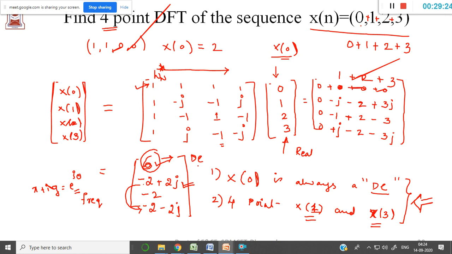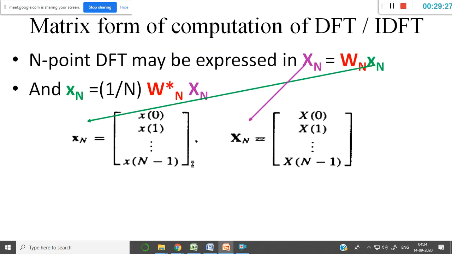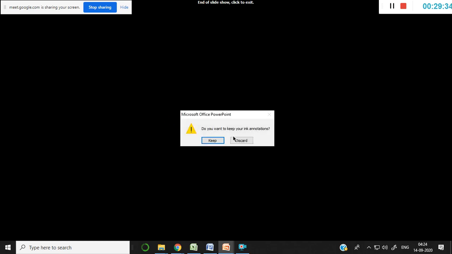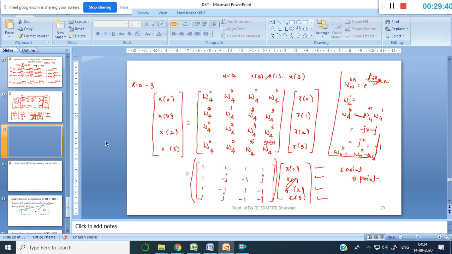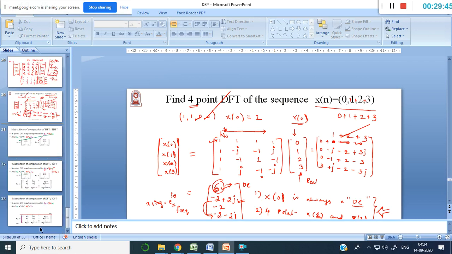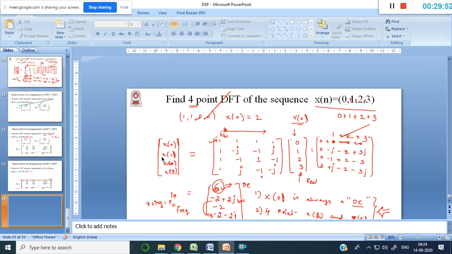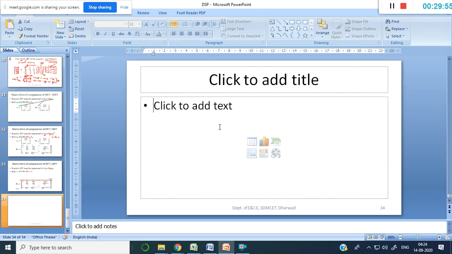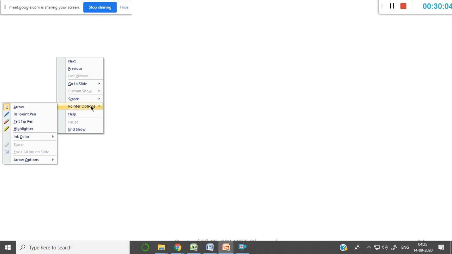Now let us try to find this for the same sequence. Look at the previous calculation.